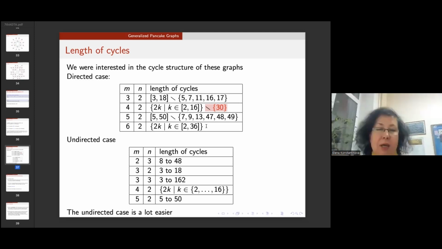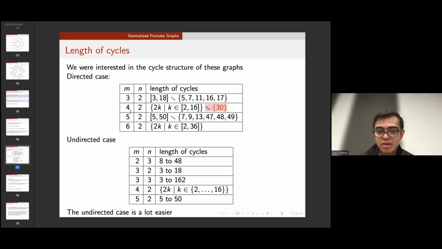But in the first table, M is restricted to 6. For which M did you check computationally? We checked all these values for M and N. Whatever you see in the table is completed. We looked at the whole graph for M equals 6 and N equals 2, and we did find all of the even cycles.